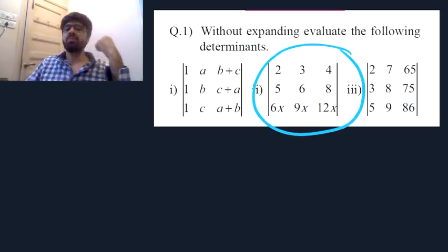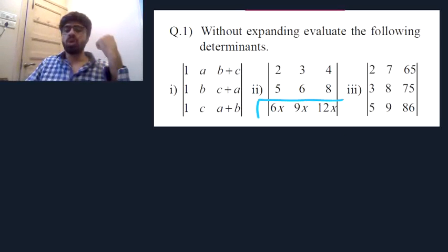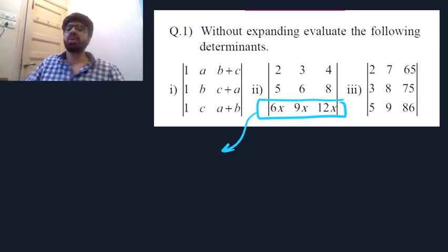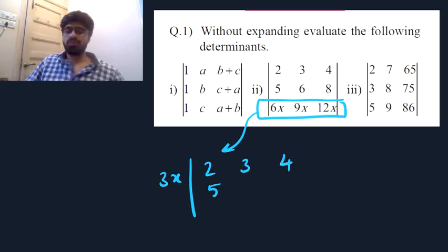Now in the second determinant, from the last row you can pull out a 3x common. In case I have said column, it's wrong, you're pulling out 3x common from the last row. So after pulling out a 3x common from the last row, this determinant will be 2 3 4, 5 6 8, and the last row will now be 2 3 4.